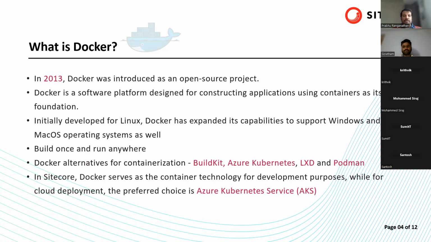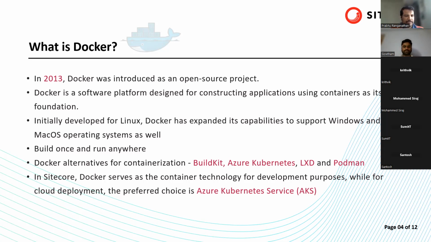In a later session, we'll see why we need to go with Docker. The main concept is that we build once and that application should run anywhere. That's the main concept we rely on Docker for.